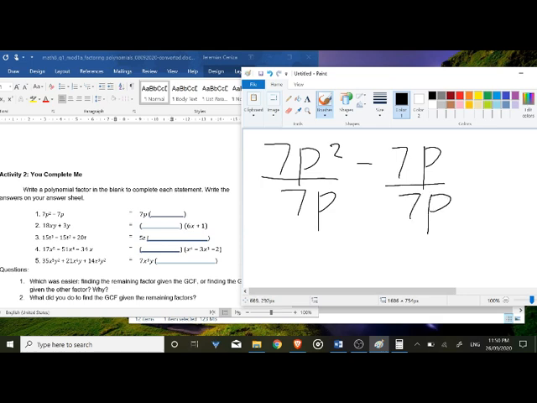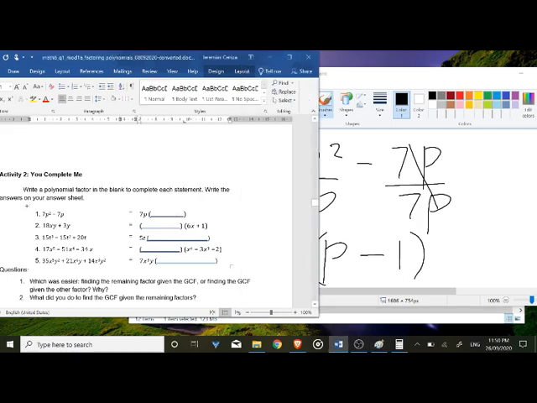So, this is 1. P squared over p, that is p. And this is 1. Copy the sign, subtraction sign. So, p minus 1. So, the answer is p minus 1. That's p minus 1. Right.